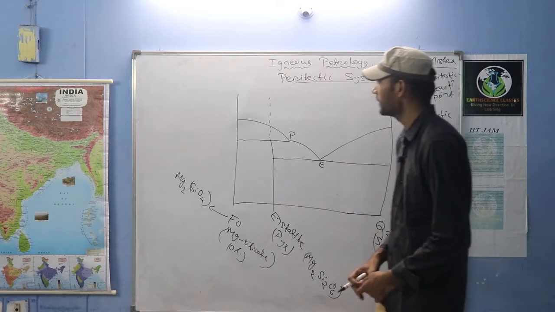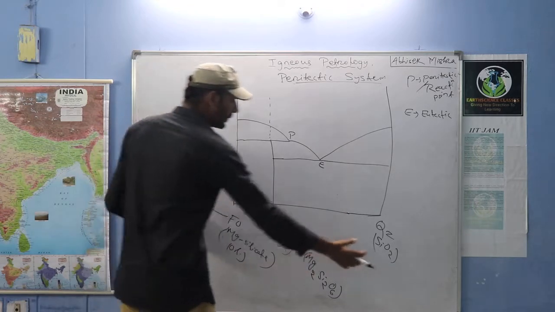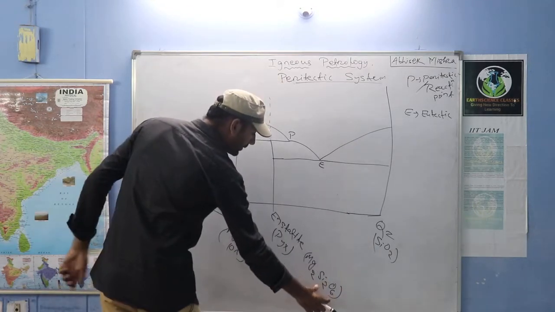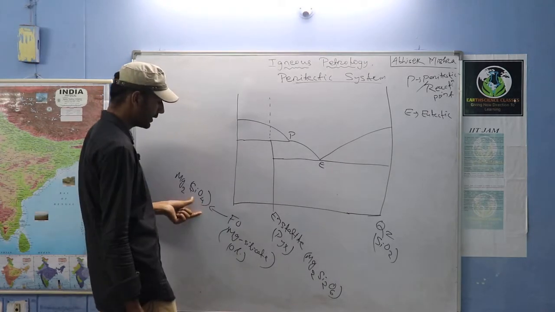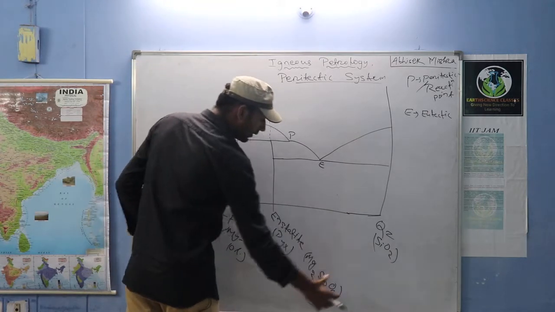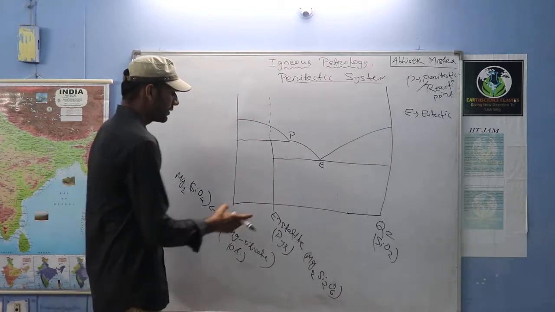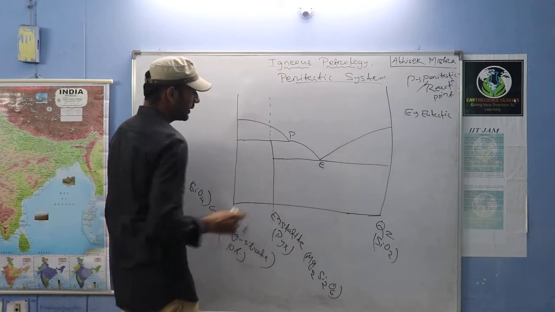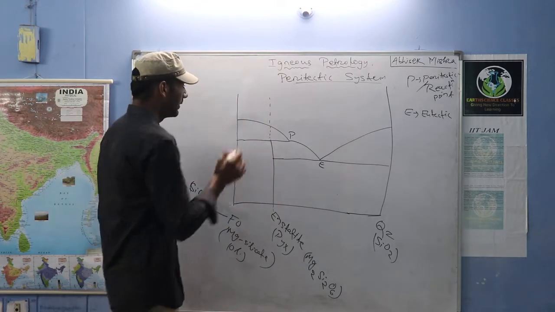Si2O6 means 1:3. So as you can see, Mg2SiO4 plus SiO2 becomes Mg2Si2O6, right? So this point represents enstatite, this line represents the enstatite line.